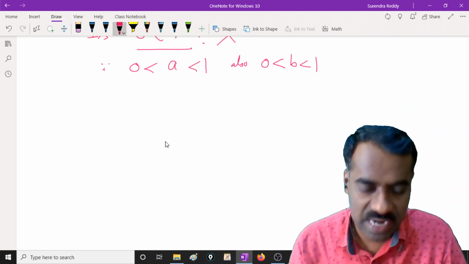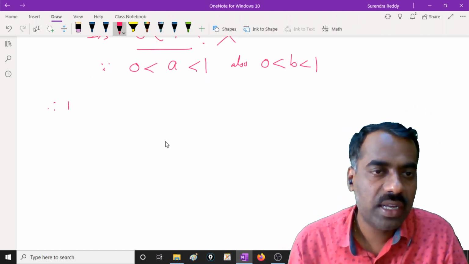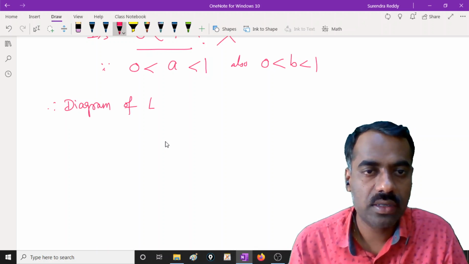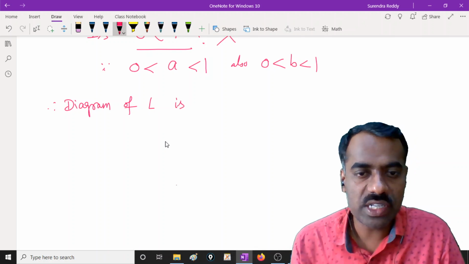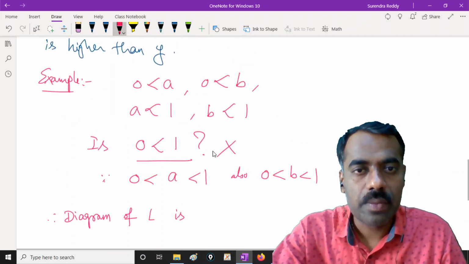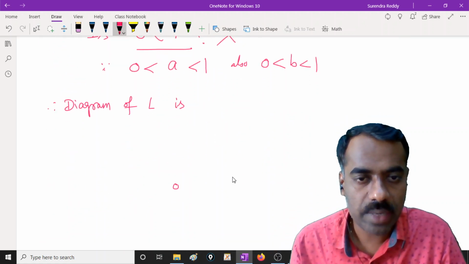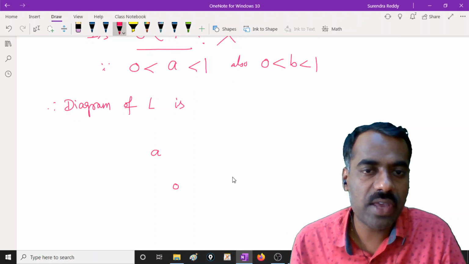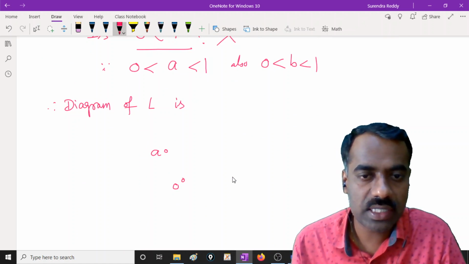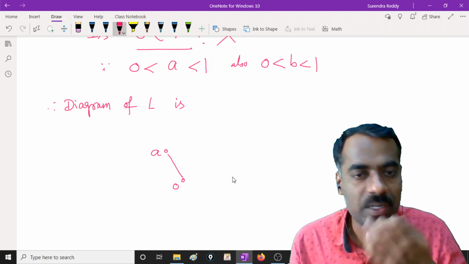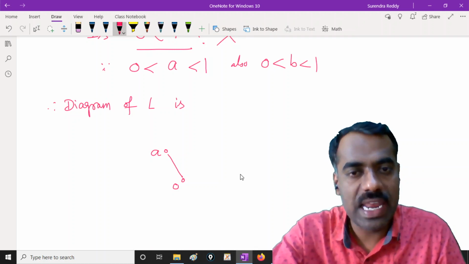So therefore how will we represent it? Therefore our diagram of that is: we will put 0, then because 0 is covered by a, a should be higher than 0, okay. Are you following? We'll put a small circle here to represent it, then we should draw a straight line. Is this clear? That element should be higher than the other element, right?